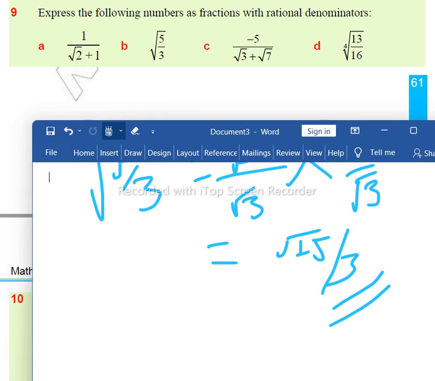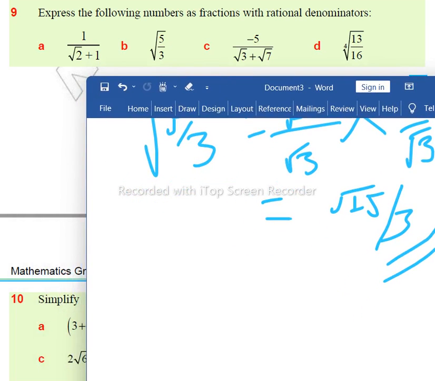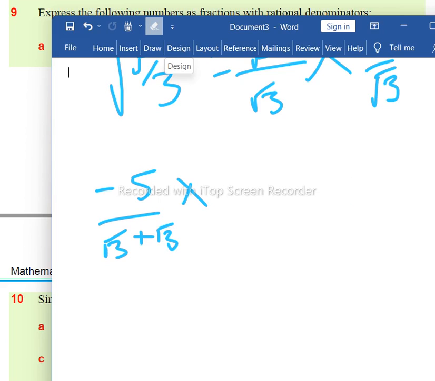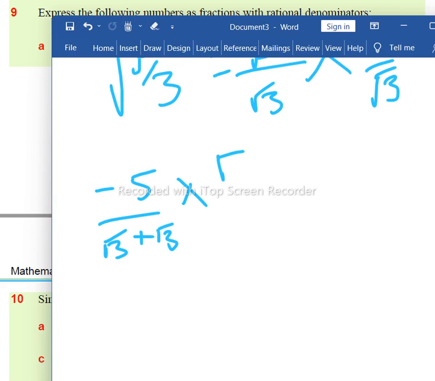It is very simple. The other is letter C, minus 5 over square root of 3 plus square root of 7. So we have to multiply both sides by square root of 3 minus square root of 7.